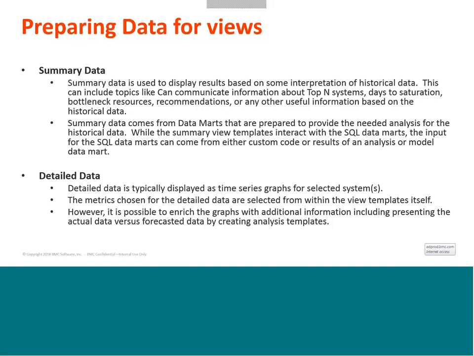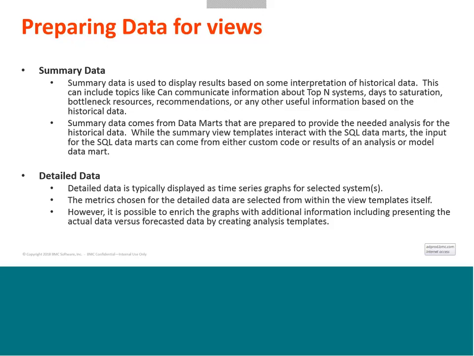Maybe you want to give your customers some idea on how much capacity is left and what are some of your bottleneck resources that you're going to be looking at from an overall perspective. Or maybe you want to present some recommendations on how you want to use the capacity based off of historical data.